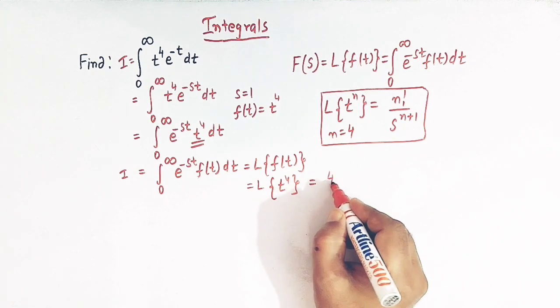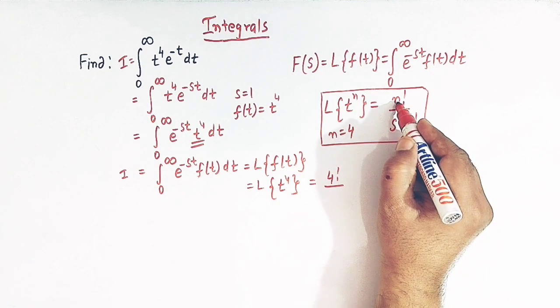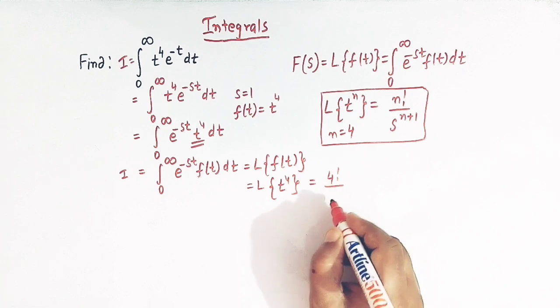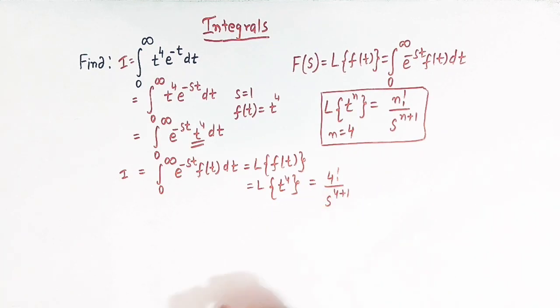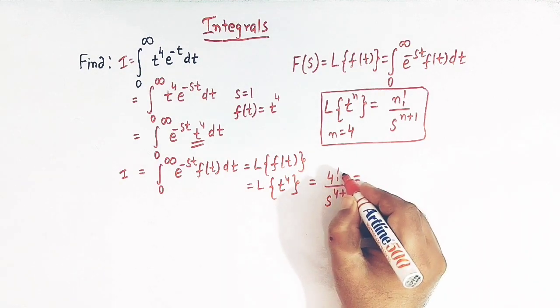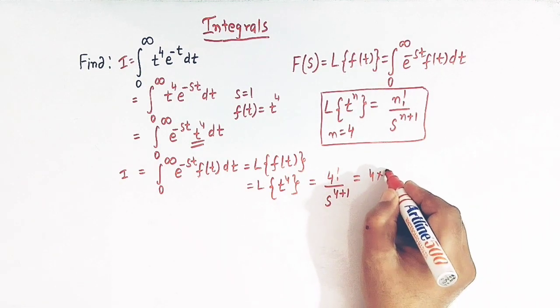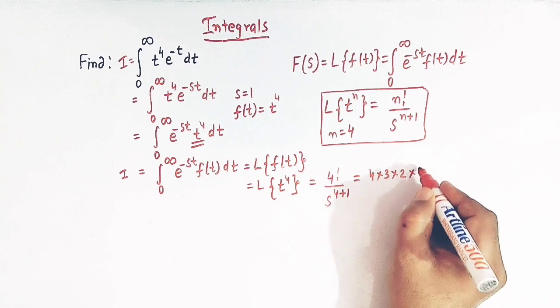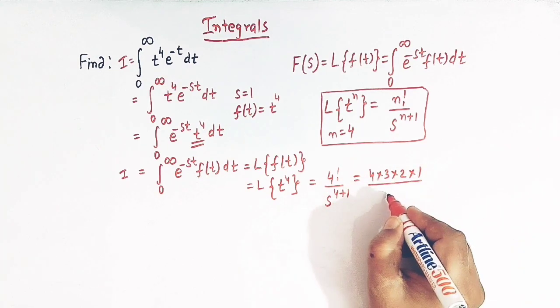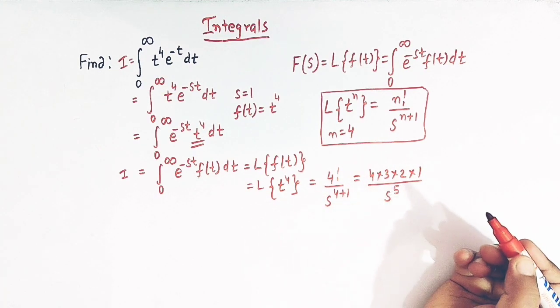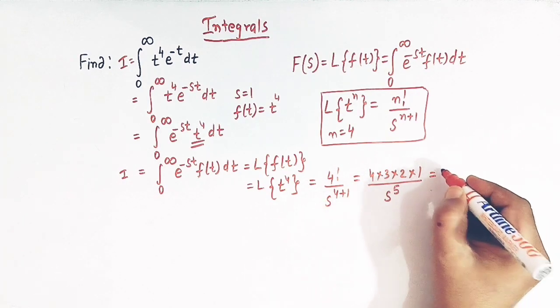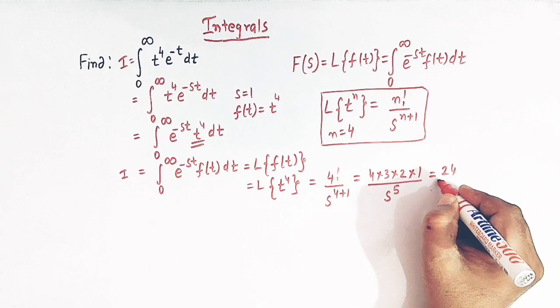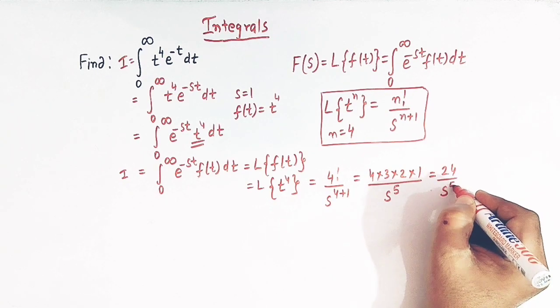So we have 4 factorial divided by s raised to 4 plus 1. 4 factorial is 4 times 3 times 2 times 1, and here we have s raised to 5. So 4 threes are 12, 12 twos are 24, divided by s raised to 5.